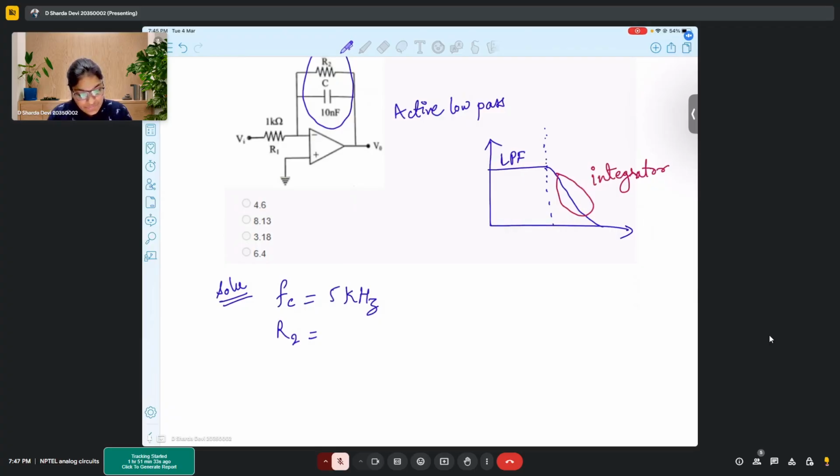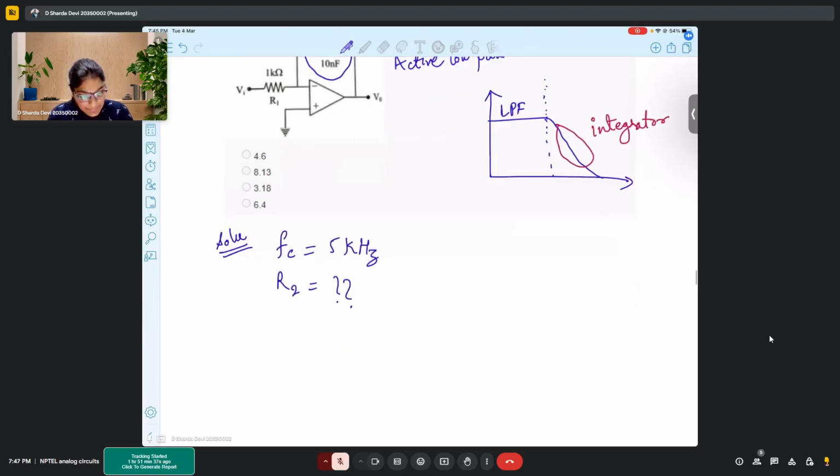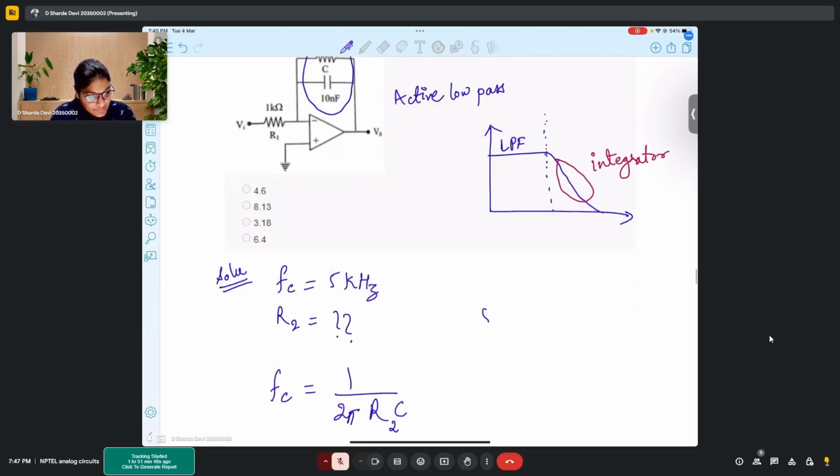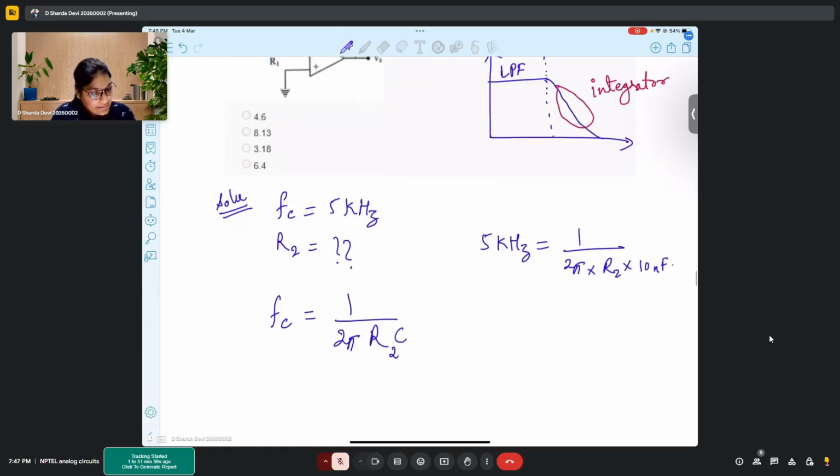So if FC is 5 kilohertz, that means we know that cutoff frequency or a pole can be given by 1 upon 2 pi R into C. So here the R would be R2, right? So we have 5 kilohertz equal to 1 upon 2 pi R2 into C, which is 10 nanofarad.